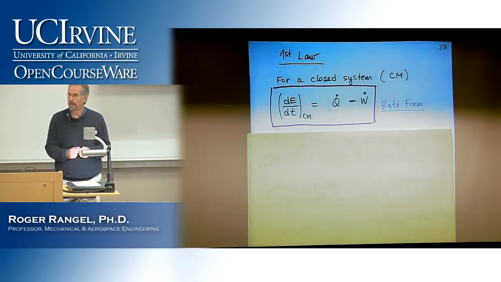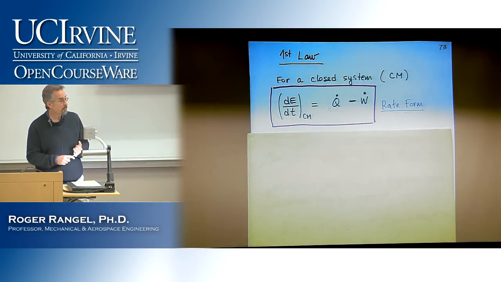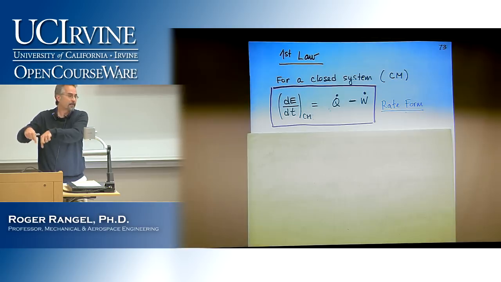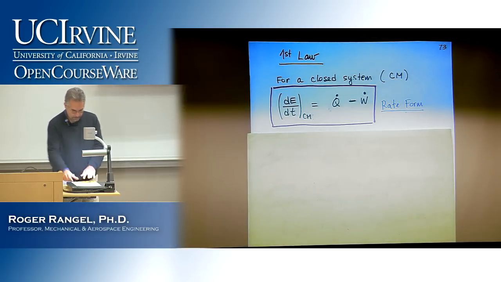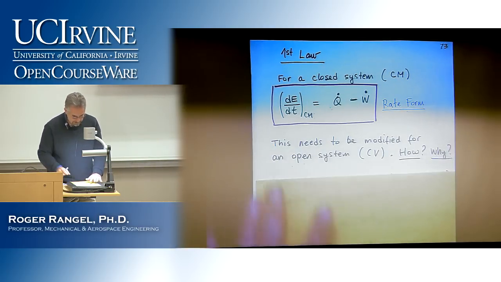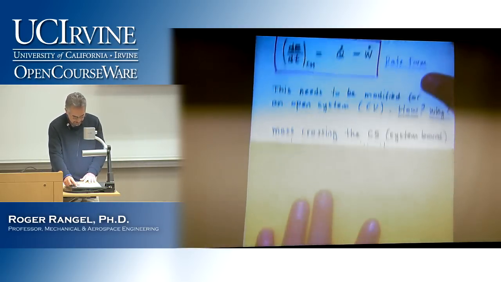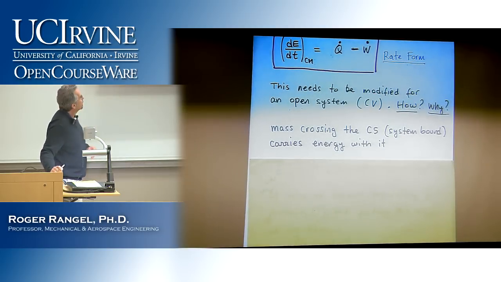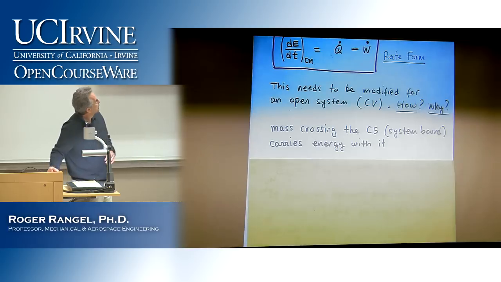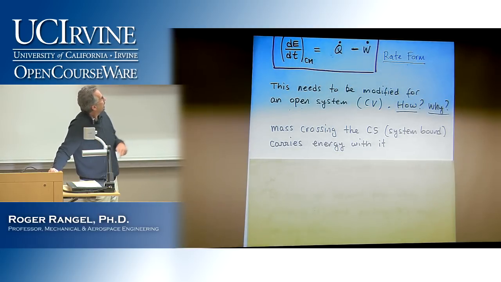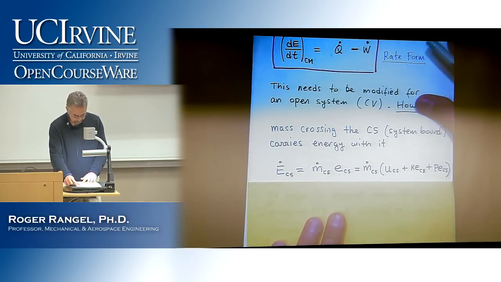So we have to take that into account. Energy that comes in with the mass that comes in, or energy that leaves the system with the mass that leaves the system, plus the flow work. So this needs to be modified. Mass crossing the control surface, going inside, carries energy with it.